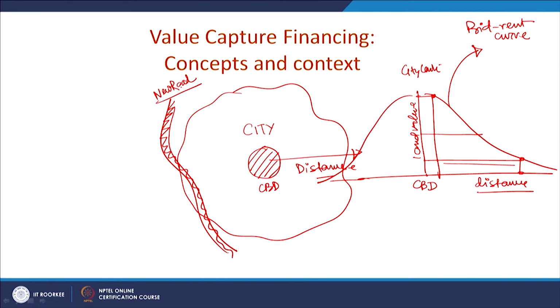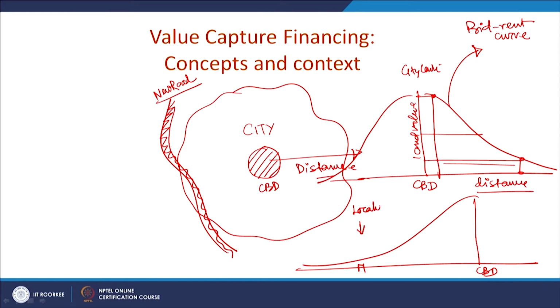If this is your CBD and this is your land value curve or bid rent curve, then because of this road, at the location of the road, the land value of the adjoining area will be slightly higher. It will shift from the original location of the bid rent curve, and there will be an additional increment of land value.